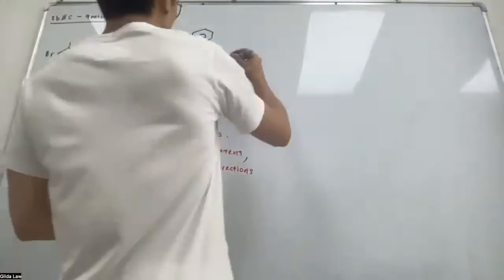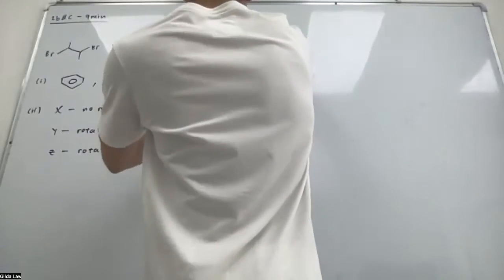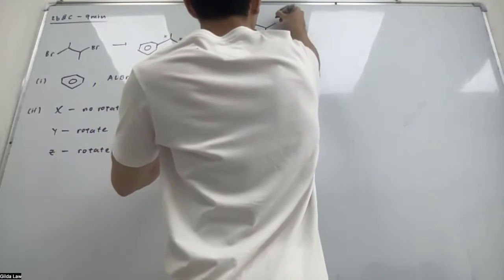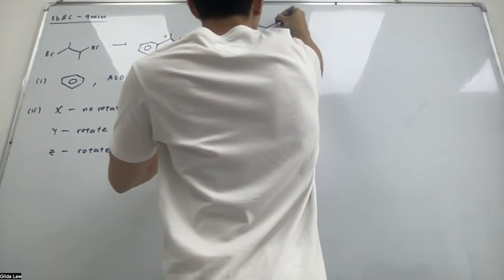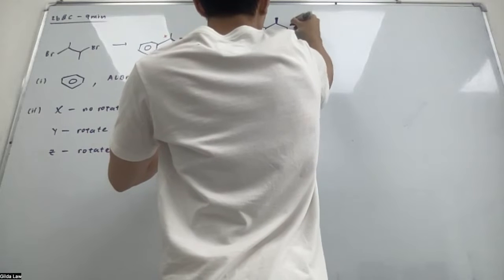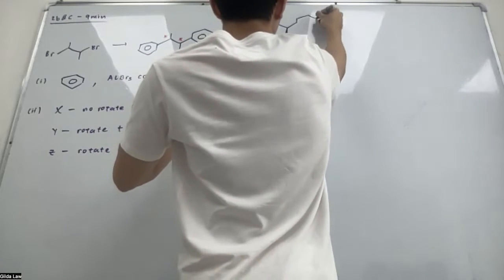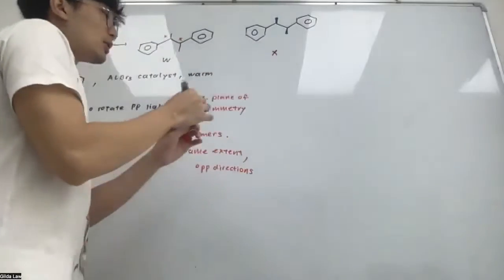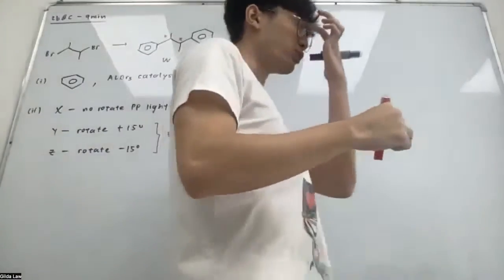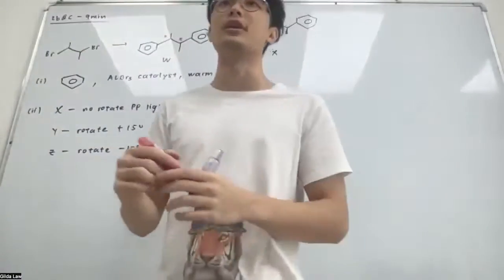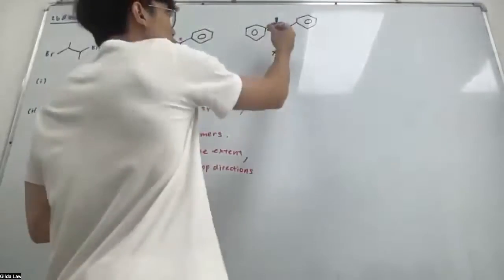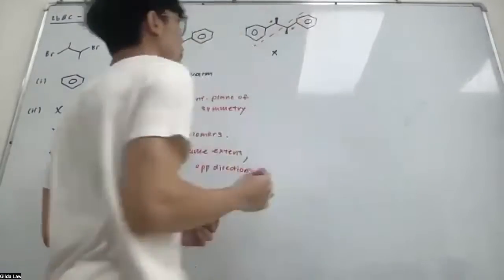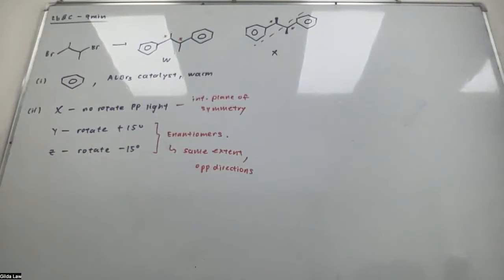To draw X and make this compound symmetrical, I can just ensure both ends are the same, positioning the solid wedges on both ends. That's structure X. The next time you will not get this wrong, because you know the technique. They are both chiral, but it is perfectly symmetrical, so it doesn't rotate plane polarized light.